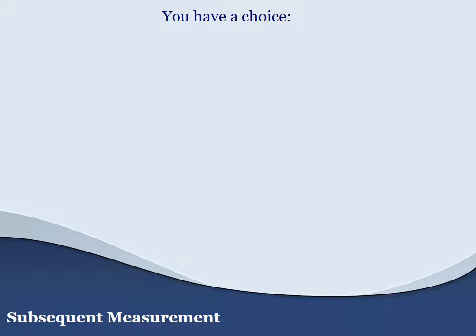Subsequent measurement, I have a choice. We've spoken about that to some extent now. If I decide to go cost for whatever reason, I can't determine fair value reliably on an ongoing basis. We've thrown money at this, and whatever number we're getting back is not reflective of what the fair value of the asset is, or it's in such a wide ballpark that we can't put our finger on exactly how much the property is worth.